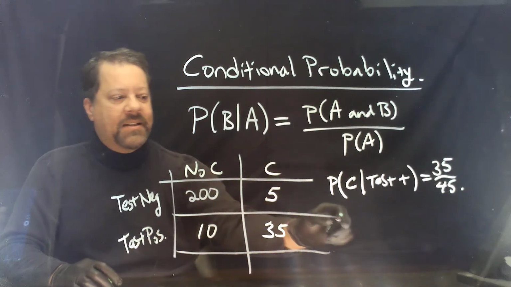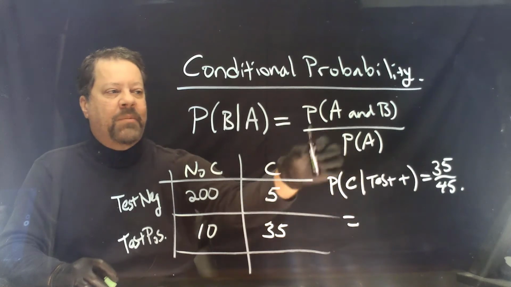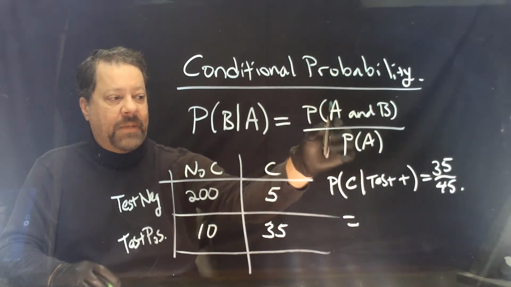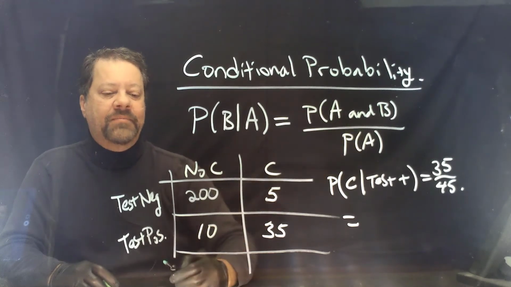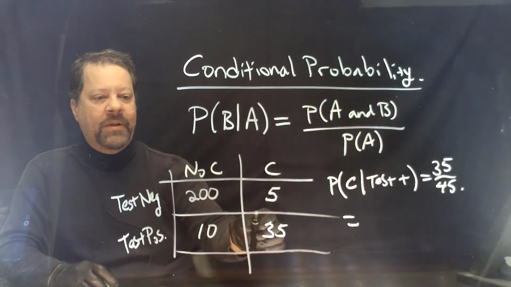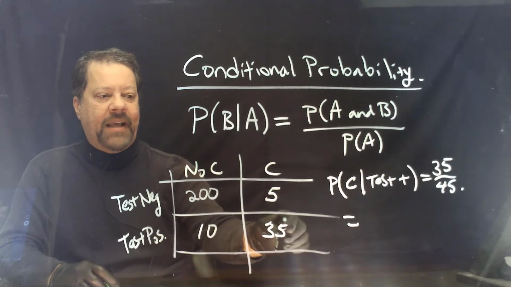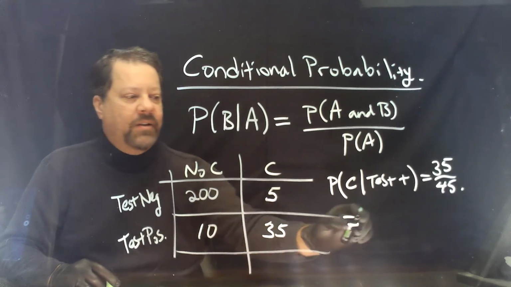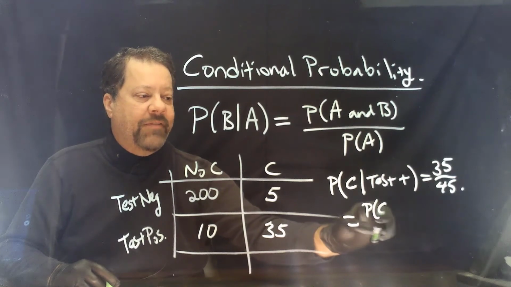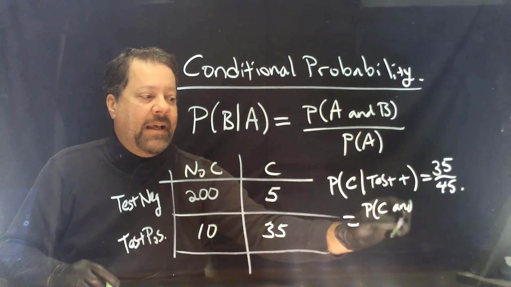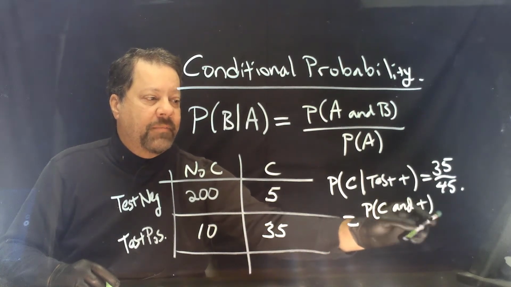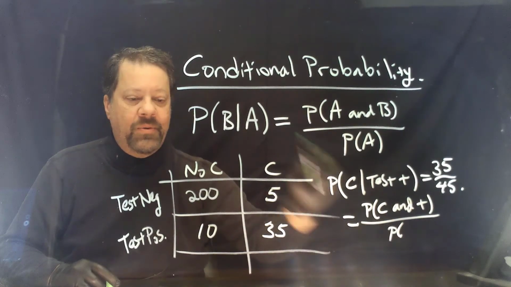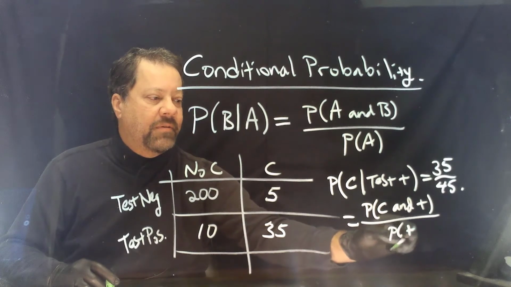But we can test this the other way. What's the probability of both testing positive and having cancer? To find that, we need to calculate the probability that you have cancer and you test positive, divided by the probability that you test positive.